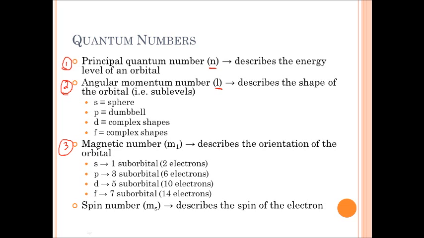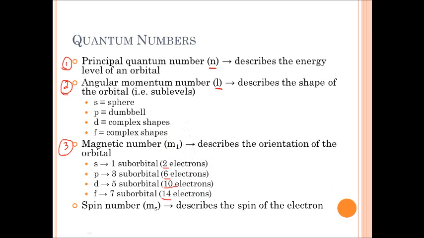So it's basically telling you how many sublevels you're going to have. S will have 1 sublevel, P will have 3, D will have 5, and F will have 7. And each sublevel can hold up to 2 electrons. So S can only hold 2 electrons, P can hold 6, D can hold 10, and F can hold 14.